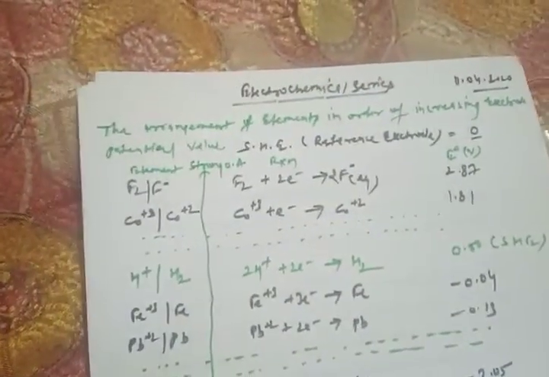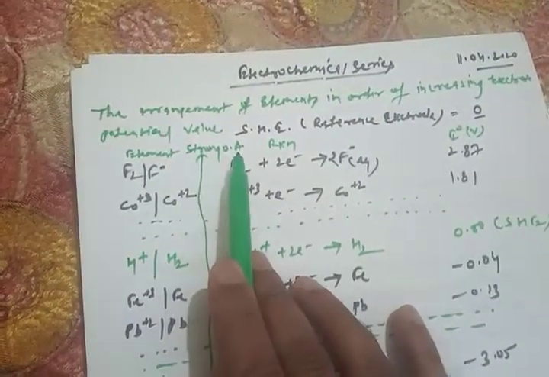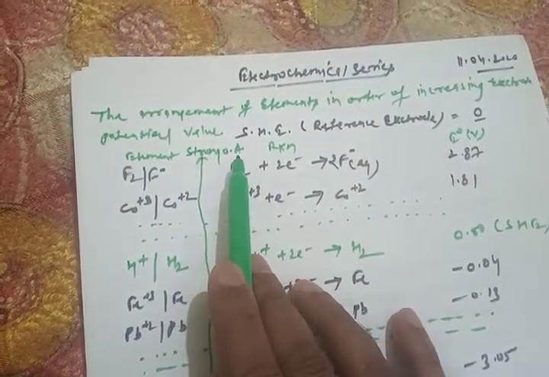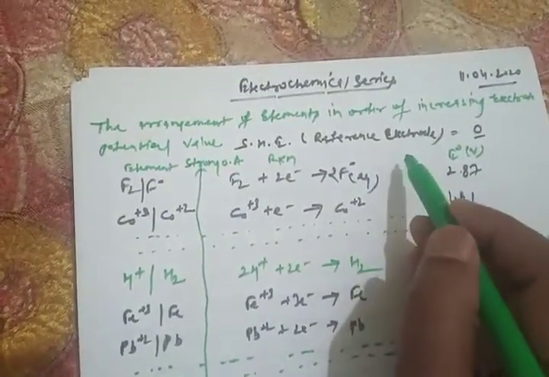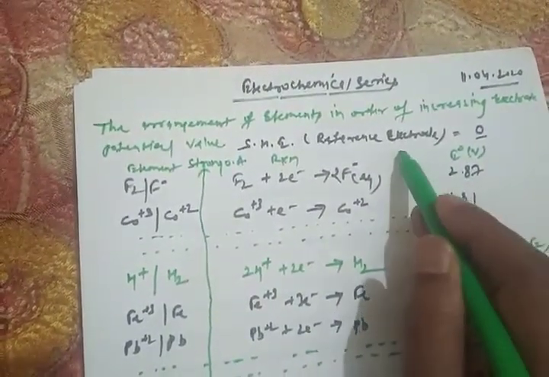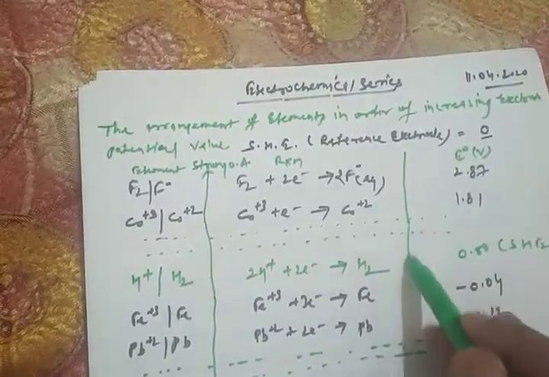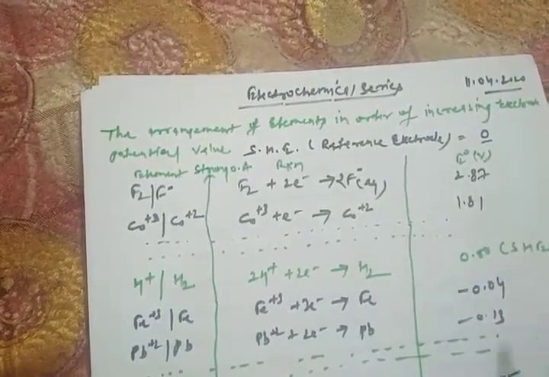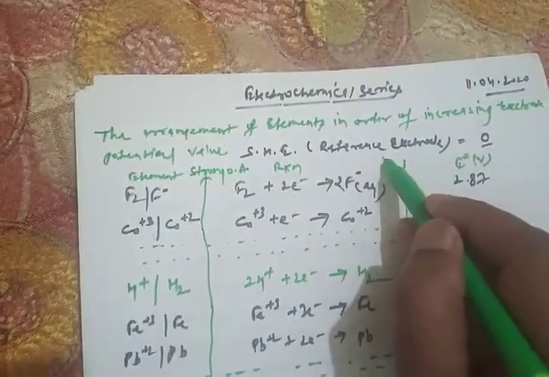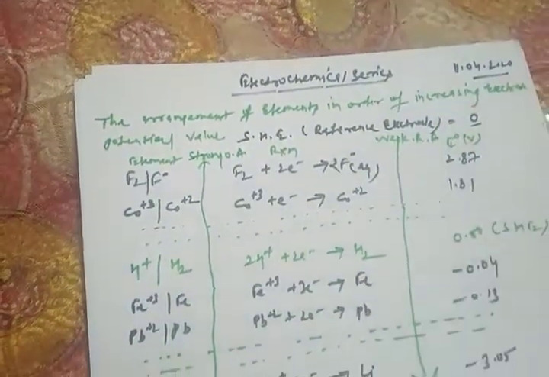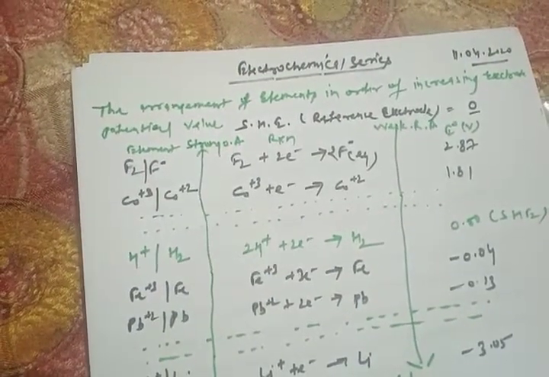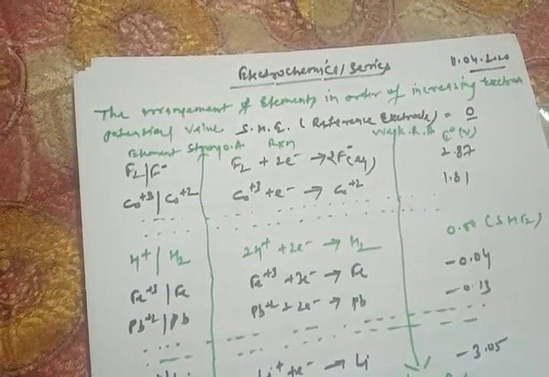And if this one is a strong oxidizing agent, at the same time it will be a weak reducing agent. So here the values go in the opposite direction. You should remember this. This is the weak reducing agent, and this one is the strong reducing agent.